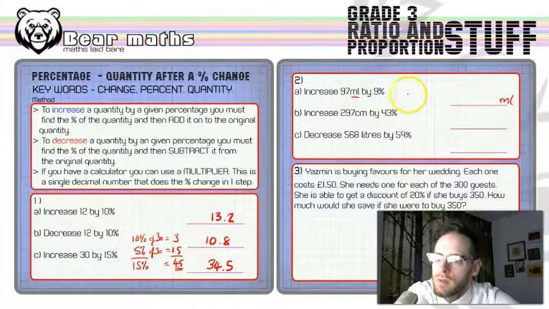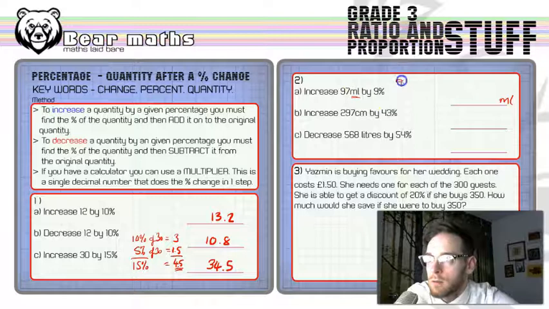You just put those two things together, 1.09. So we use that as our multiplier. So 97 multiplied by 1.09. Like I said, the 1 represents 100%, the 0.09 represents 9%. So we've increased it by 9%. That would work.